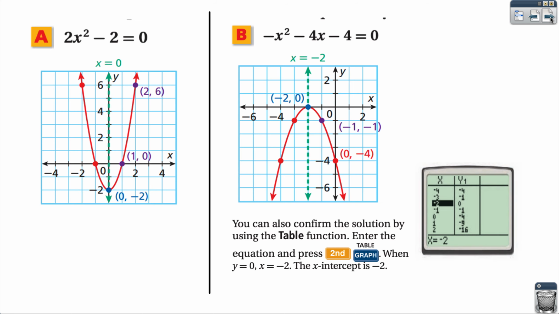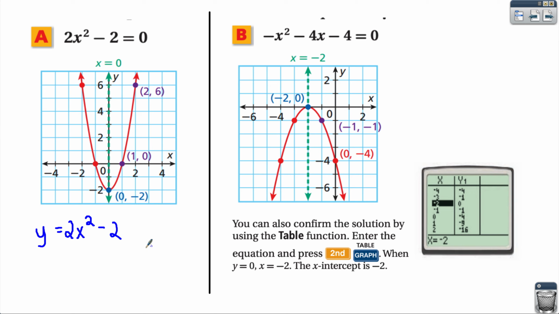All right, so right here I have a couple of examples that we will work on. So the first one right here is 2x squared minus 2 equal to 0. So step 1 was to make sure you write the related function so that you can graph it on your graphing tool or graphing calculator. So to say that a related function could be the same as 2x squared minus 2 is actually equal to y, or f of x, those are your related functions.